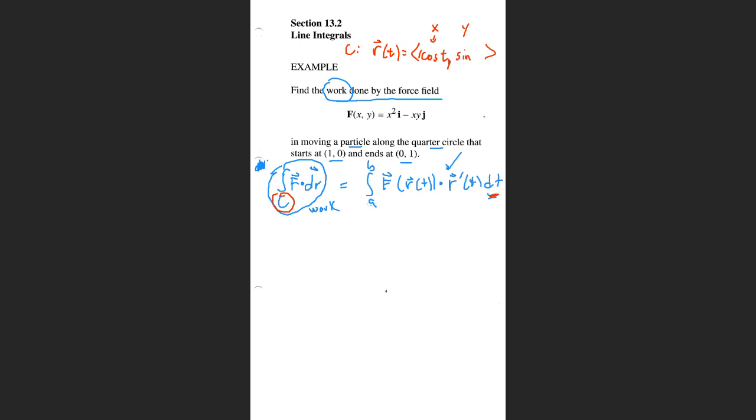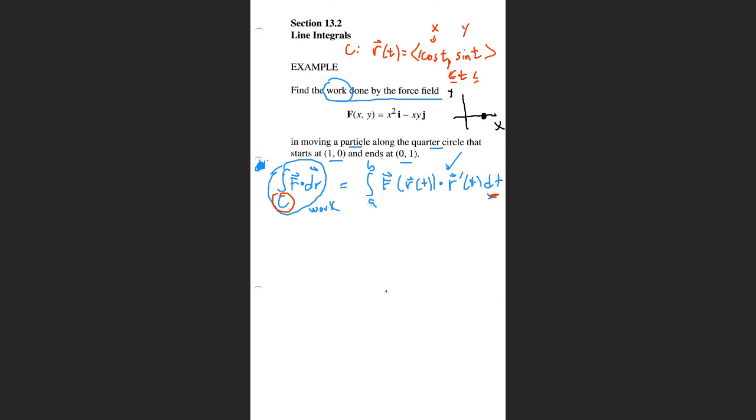So you can't do the problem unless you know the limits. What would t go from? What would the limits on t be? It's a quarter circle that starts at (1, 0). If I drew a little picture here, here's x, here's y.